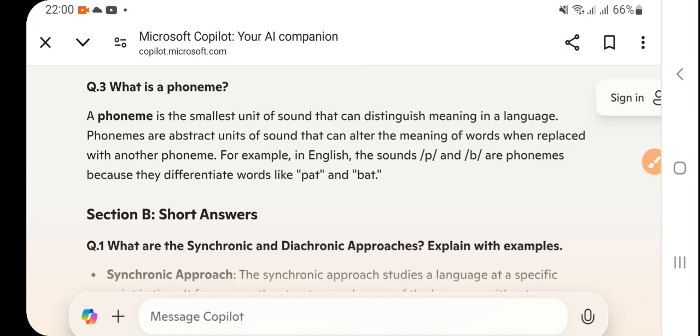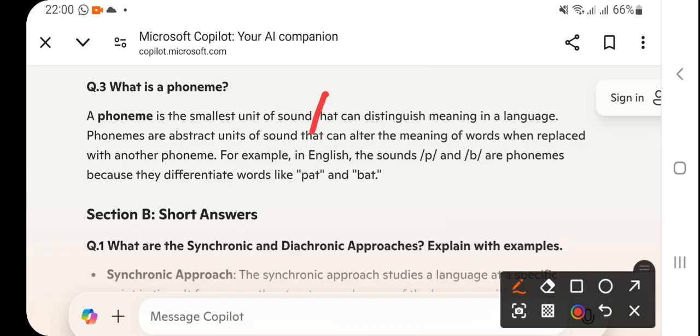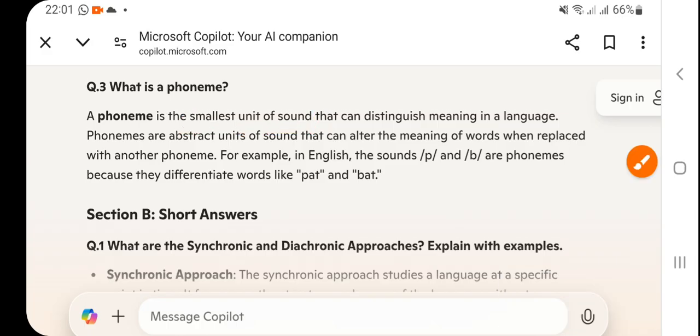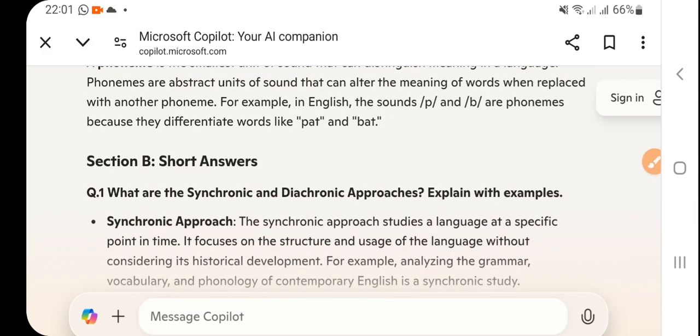What is a phoneme? A phoneme is the smallest unit of sound. Please take care, it is the smallest unit of sound that can distinguish meaning in a language. Phonemes are abstract units of sound that can alter the meaning of words when replaced with another phoneme.